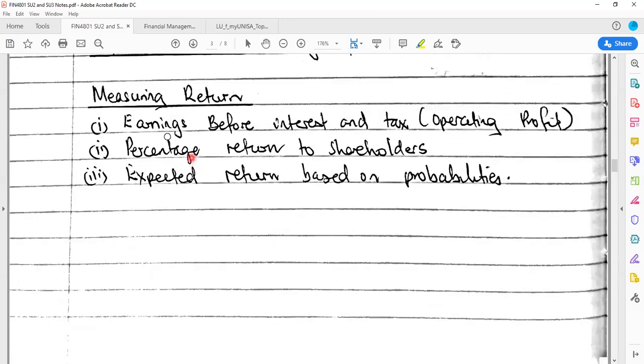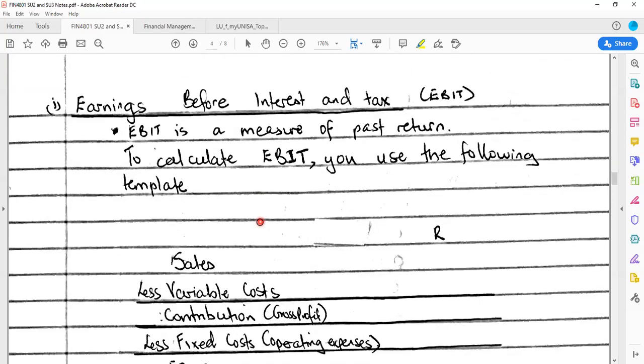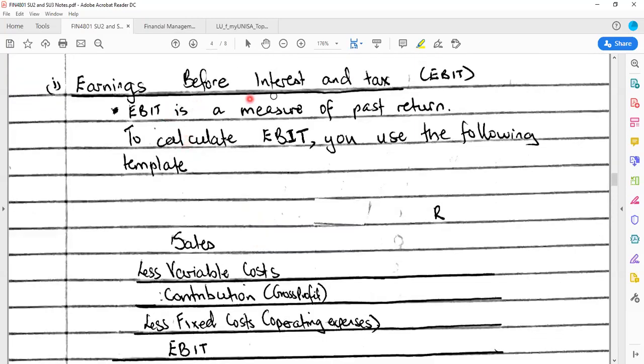So let's briefly talk about how you can calculate each of these: earnings before interest and tax, percentage return to shareholders, and expected return based on probabilities. We'll start with earnings before interest and tax, EBIT, how to measure this. EBIT is the measure of past return.